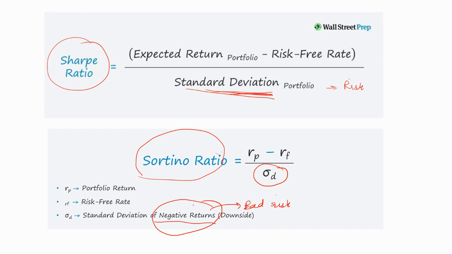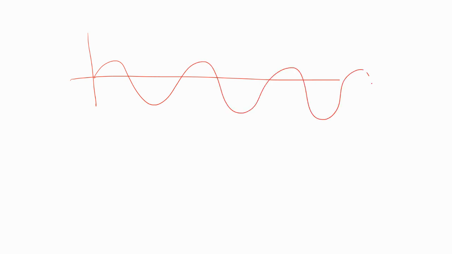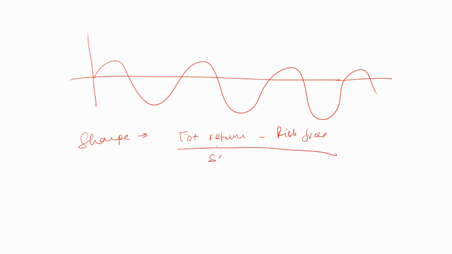If this standard deviation is smaller, then Sortino ratio will rise, right? Okay. So in case of my Sharpe ratio, what do we have? Total returns minus risk free return divided by the standard deviation, means both positive and negative.